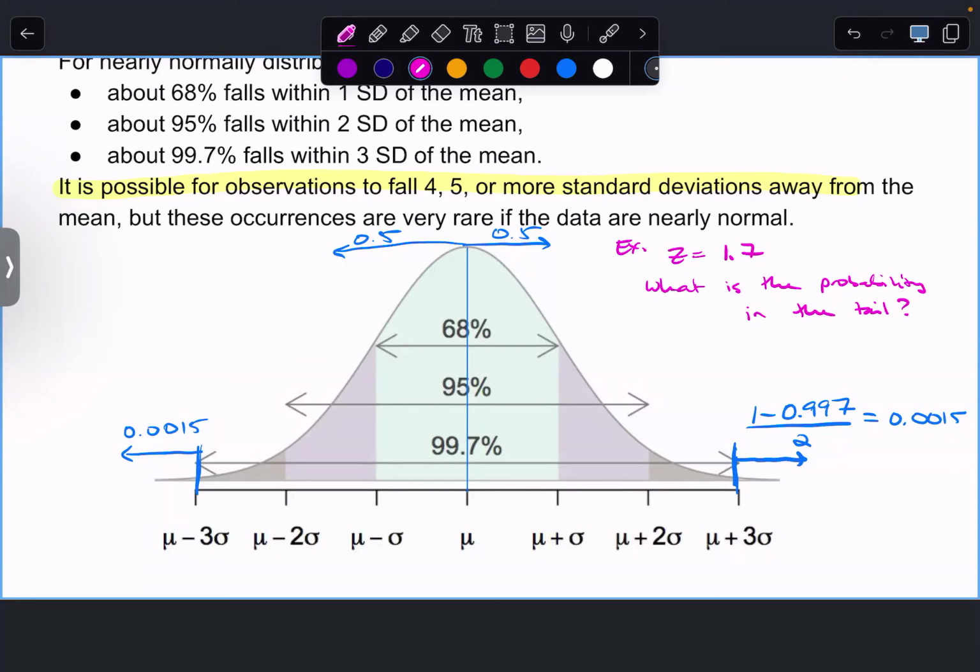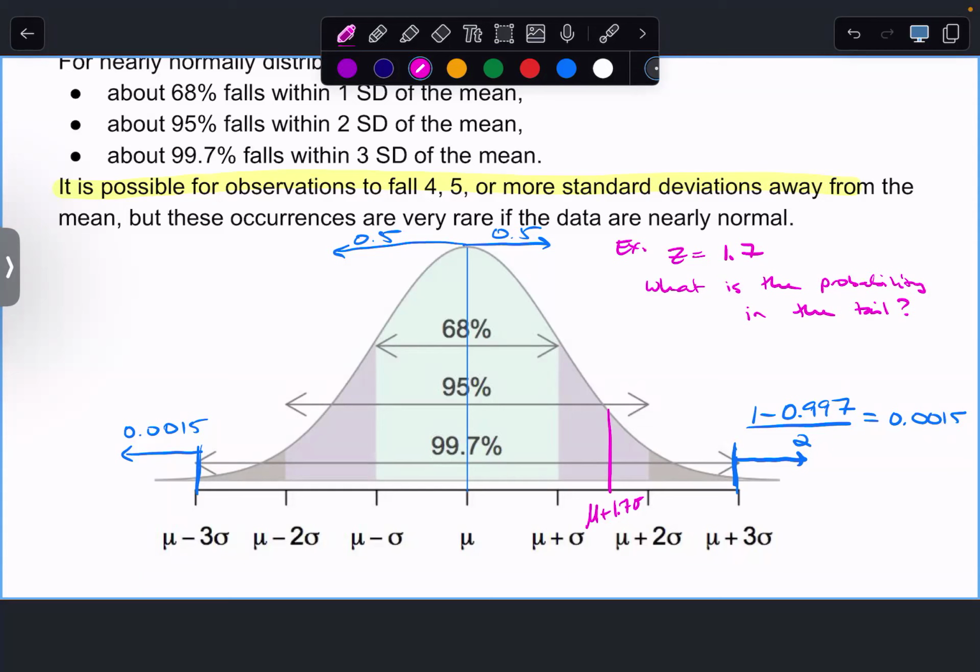Well, first, a Z of 1.7 means I'm 1.7 standard deviations above the mean, just because it's positive, right? And so that means I'm somewhere between mu plus sigma and mu plus 2 sigma, somewhere maybe here at mu plus 1.7 sigma, because that's what the Z score is.